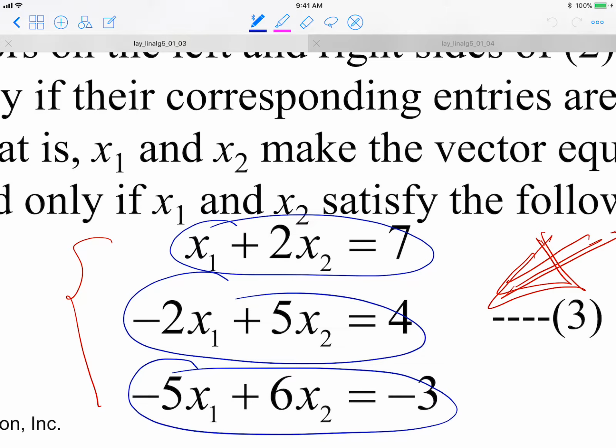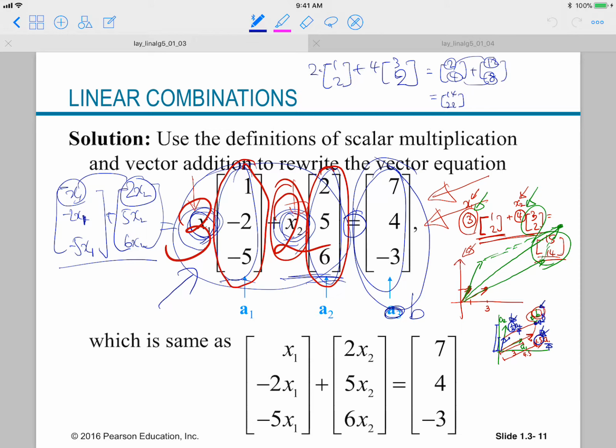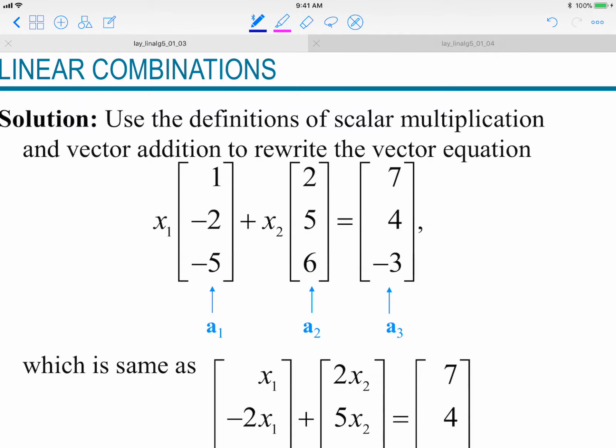In this case, we can see that this one can be viewed as a single vector equation, right? So the problem is now viewed as finding the suitable linear combination coefficients x1 and x2 in order to satisfy this vector equation.